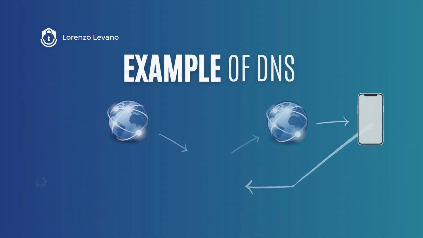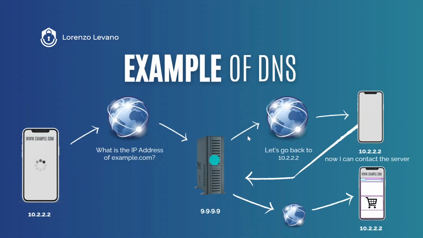So, in this image, let's analyze how the DNS request works. We have a mobile phone on which we are trying to connect to the example.com website. We send a request to the internet, which is composed of a series of DNS servers, and we ask, what is the IP address of example.com?